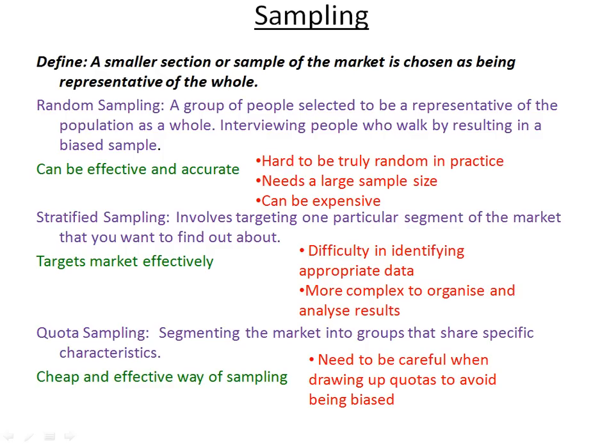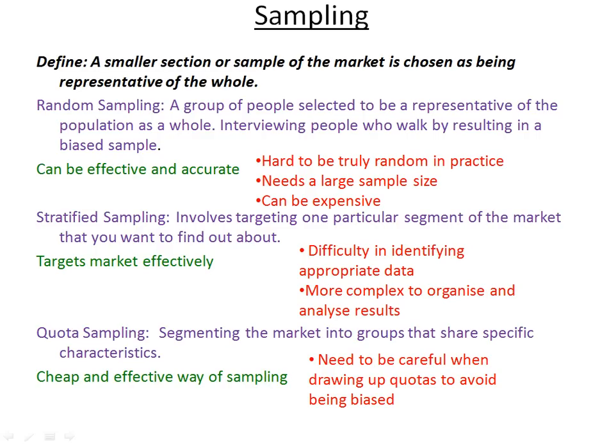Remember that I've put the advantages into green and the disadvantages into red. So it's effective and accurate. Actually, it wouldn't be totally precise and accurate, because like I said with the other research method, when you walk by, people might not always give you the right answers. They might lie in order to get things done quickly, or to be nice to you and your product. It could be hard to be truly random in practice.